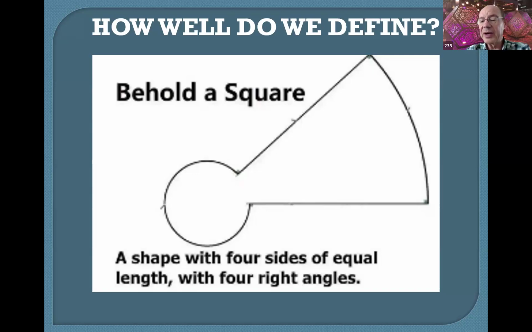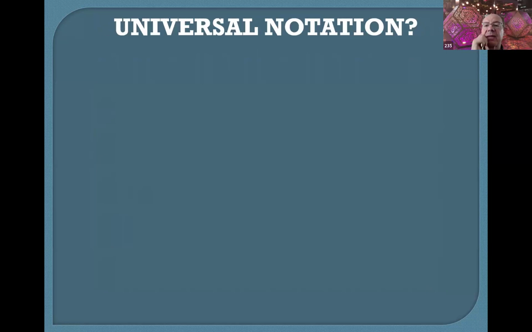So I'm wondering, when we speak in class, and I include myself in this, how clear are we actually in what we say? And when it comes to notation, how careful are we? This issue of universal notation struck me a couple of years ago. I took a group of primary school students to Hong Kong for a maths competition.